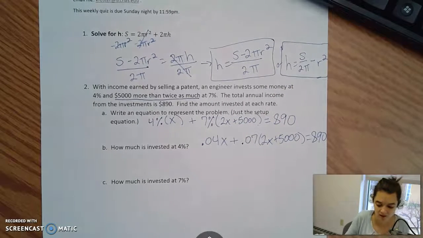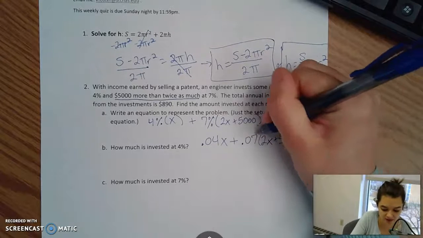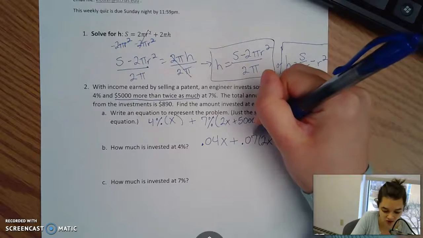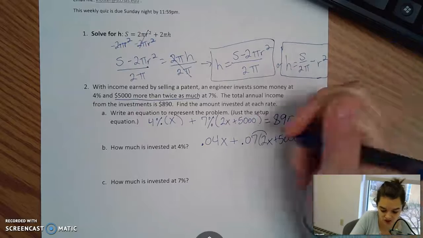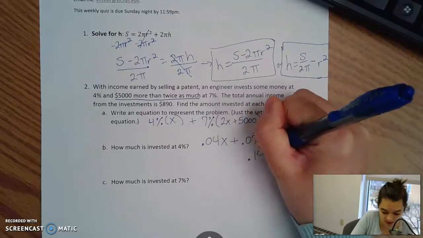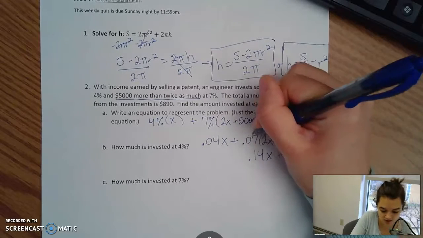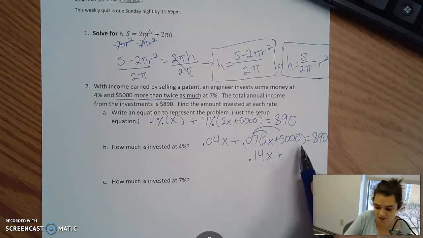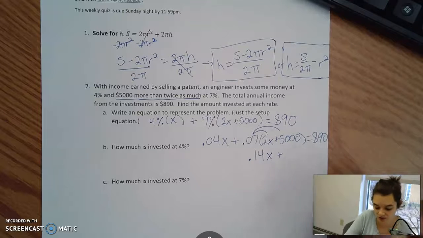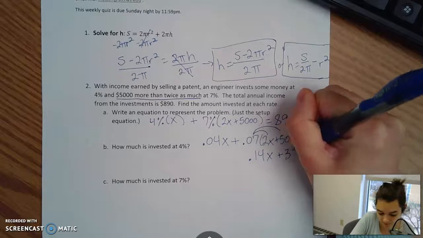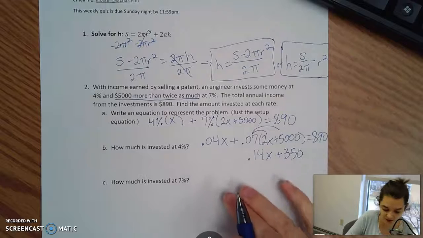Okay. After that, I'll distribute, so I can do 0.07 times the 2x plus 5,000. So 0.07 times 2x would be 0.14x plus 0.07 times 5,000 is 350. Okay, and then I'm going to bring everything else back down.